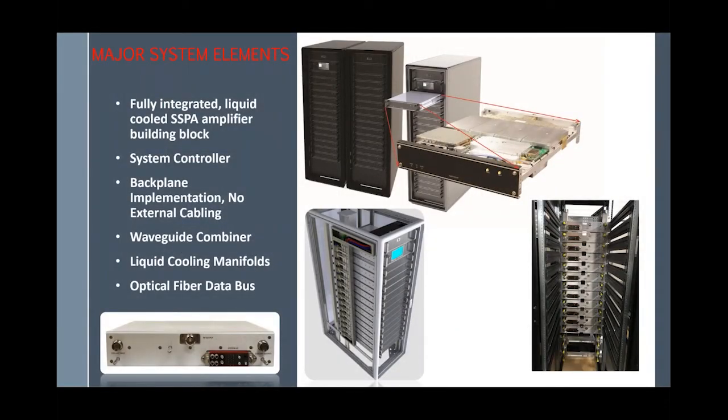It comes out with just 4 screws on the front. Then you take the amplifier out, put another one in, and probably in 5 to 10 minutes you are back with full power.